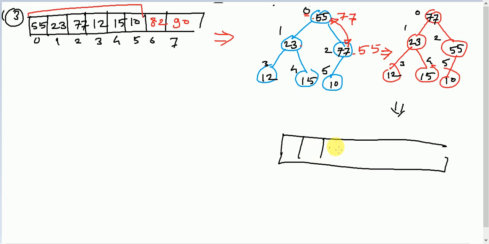we have indices 0, 1, 2, 3, 4, 5, 6 and 7. So already 82 and 90 are at this place.